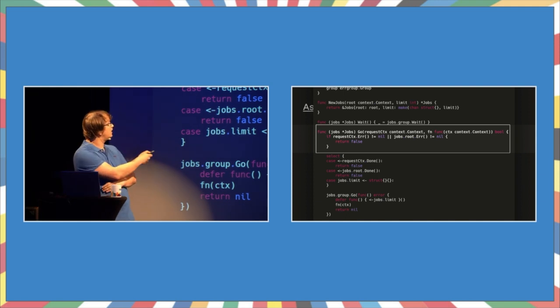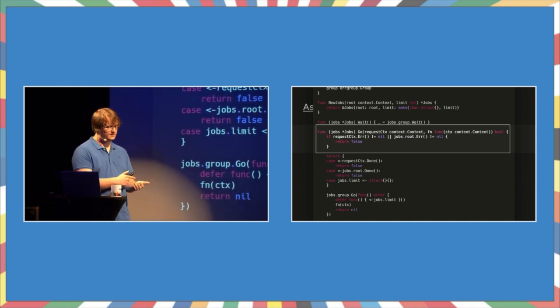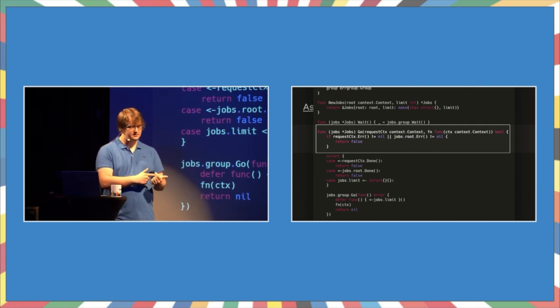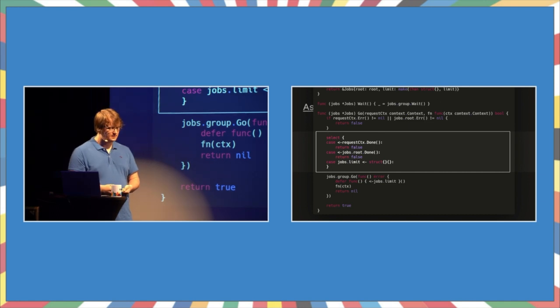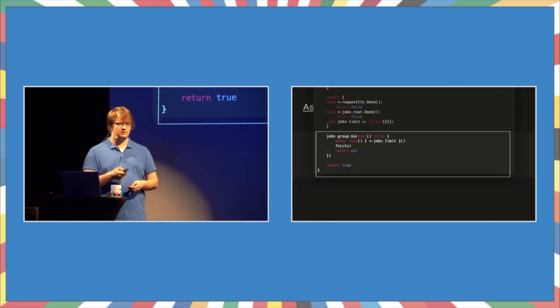We'll check whether either of these contexts are cancelled. Is the server shutting down? Did the user cancel the operation? Then we'll wait for any of those to happen, whether we can start the coroutine or anybody else canceled it. And finally, we do the usual dance of starting a coroutine with the error group.